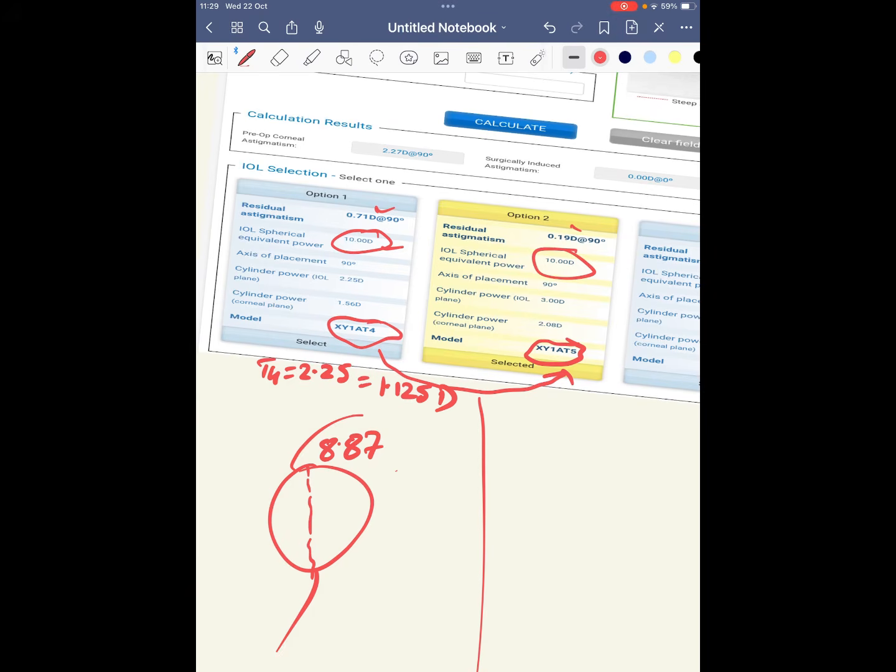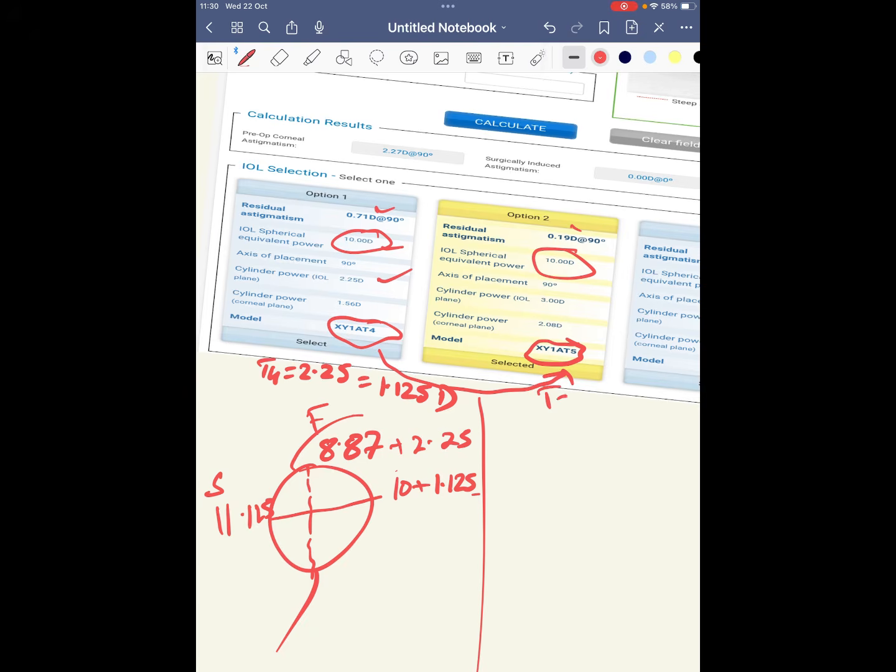And the power on the steep meridian will be then either 8.87 plus 2.25 diopters. You can do that because that's the cylinder power. Or you can also do 10 diopters plus half of this, 1.125. Either way, it's the same. And that will come to 11.125. So that would be the power in the steep meridian here. This is the power in the flat meridian here, right?